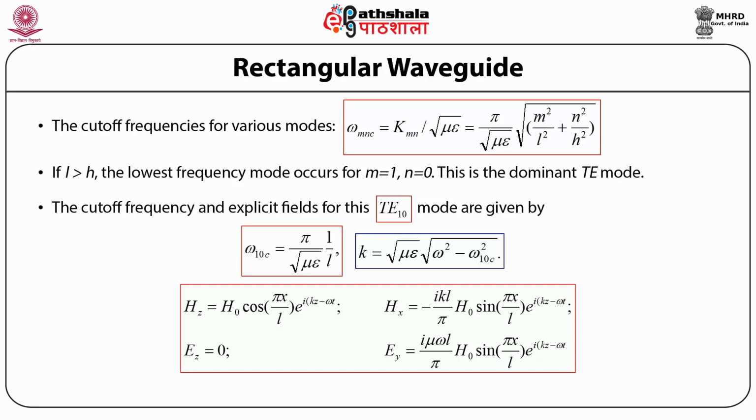Since we are considering transverse electric modes in the rectangular waveguide, the longitudinal or z component of the electric field is equal to 0, while the y component of the electric field is Ey = i μ ω L/π times H0 sin(πx/L) e^{i(kz − ωt)}.